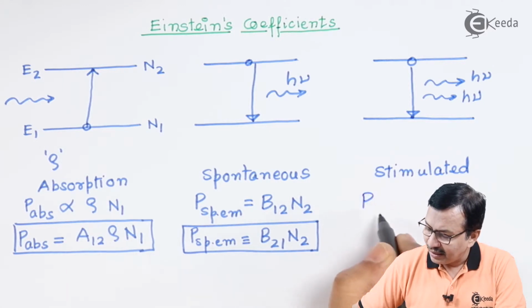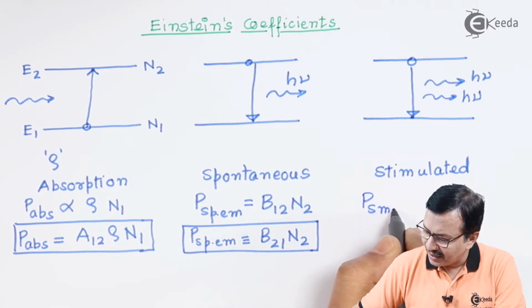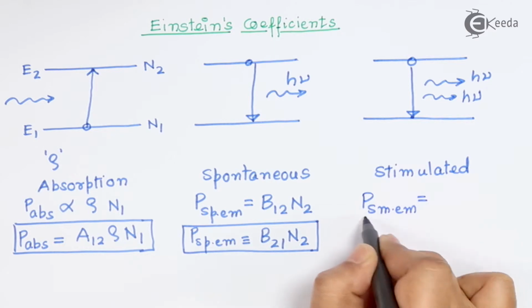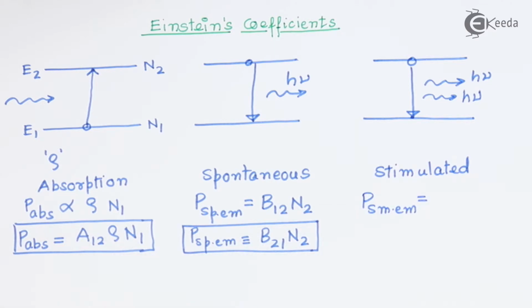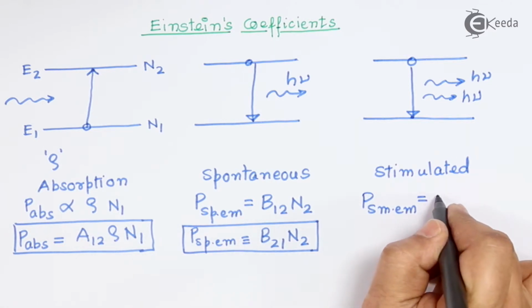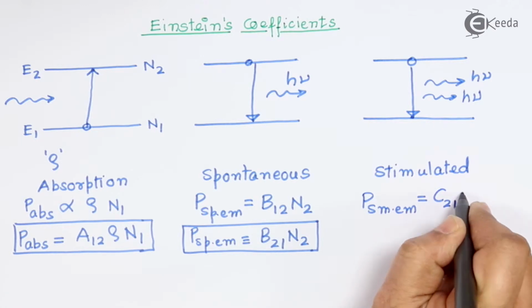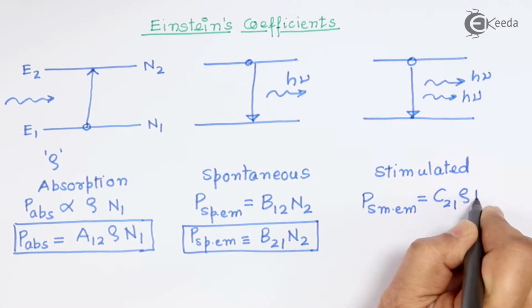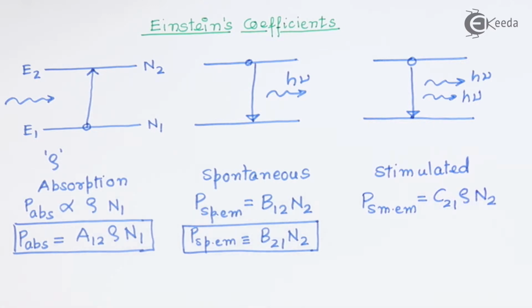The probability of the stimulated emission, represented by P ST.EM, will be equal to C21 into rho into N2, because it is dependent on the density of the photons falling on it. It is also dependent upon the total number of atoms in the excited energy level.